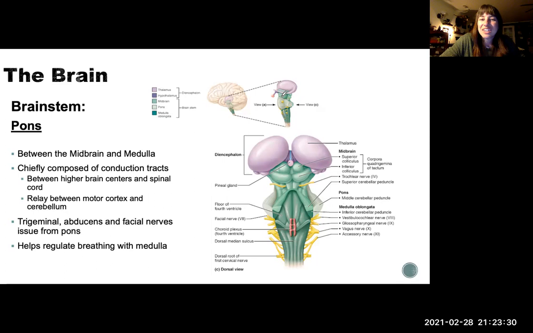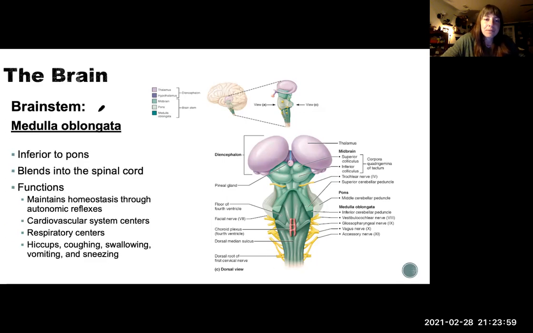So it's a conduction center between the cerebral cortex and the spinal cord, okay? It's involved mostly with conducting impulses from the motor cortex to the cerebellum down here, which is involved in fine motor movements, okay, and also helps to regulate breathing with the help of the medulla oblongata, which is our next term.